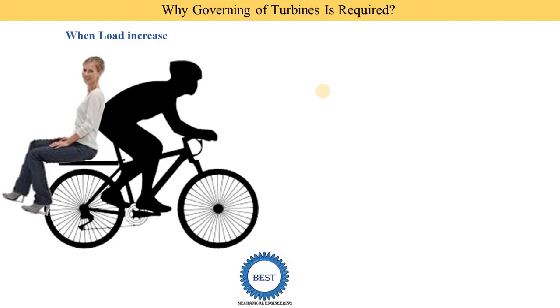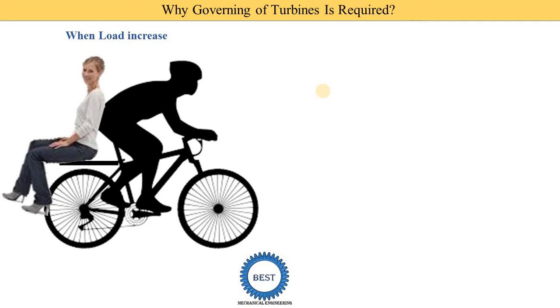Earlier you rode at 25 km per hour. Now to ride at 25 km per hour, you require more energy. When the load is increased, the speed of the bicycle is reduced, and if you want to maintain the speed constant, you need to give more energy input, meaning more human effort on the bicycle.